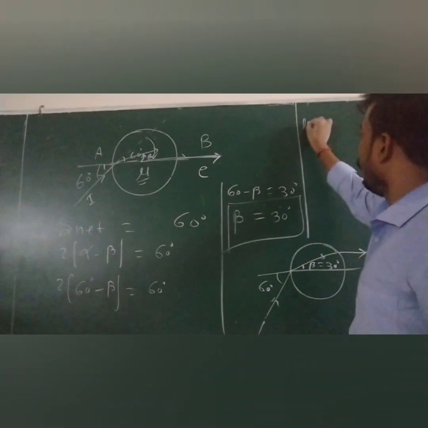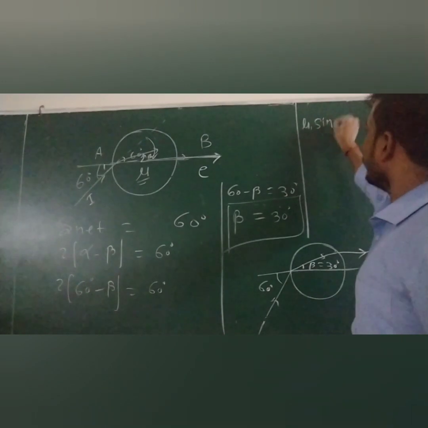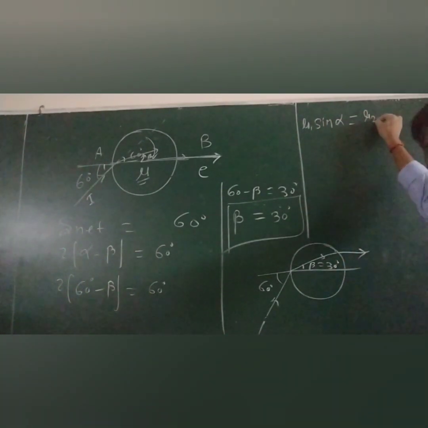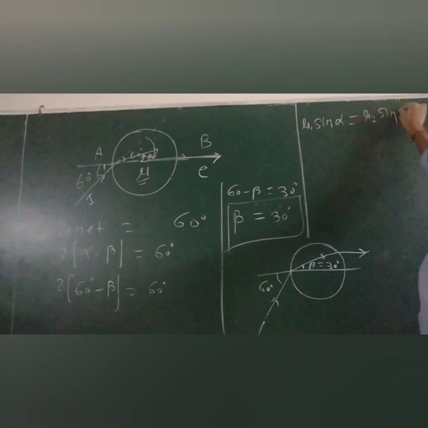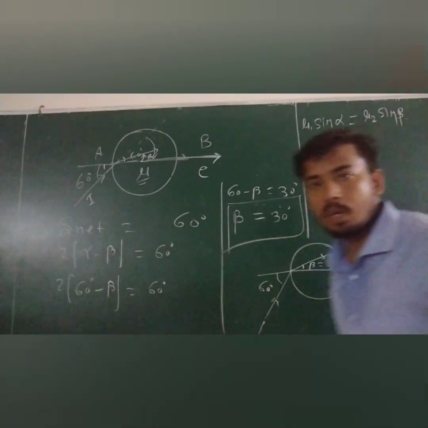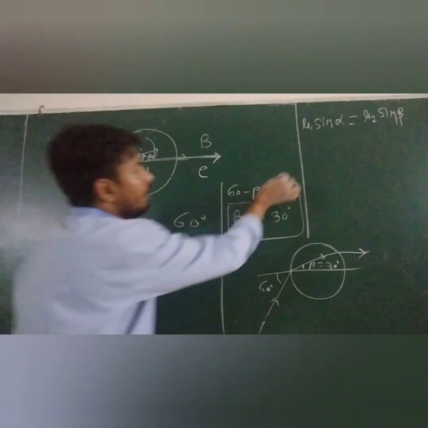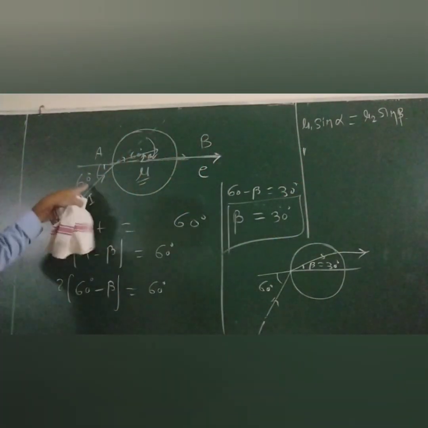So what can we say? Mu1 sin alpha is equal to mu2 sin beta. So mu1, this is air, so the refractive index is 1. What is sin alpha?